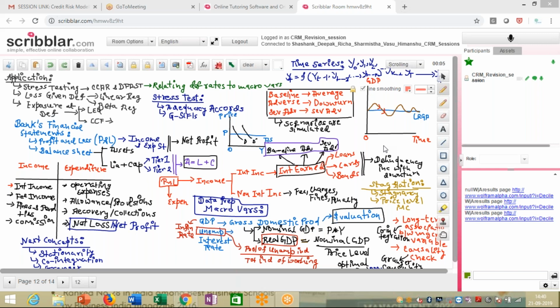So for example, if I want to predict the loss that a particular portfolio can be earning, I would not only require the historical values of the losses, but also the macroeconomic variables. How is it that the macroeconomic variables would drive that particular loss variable? Similarly, we want to understand how the interest income is impacted by the movement of the macroeconomic variables.